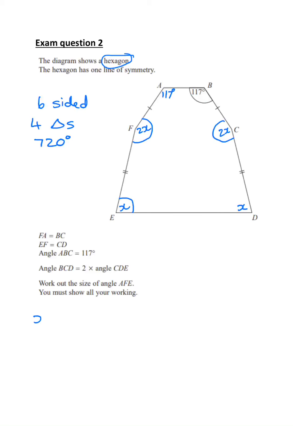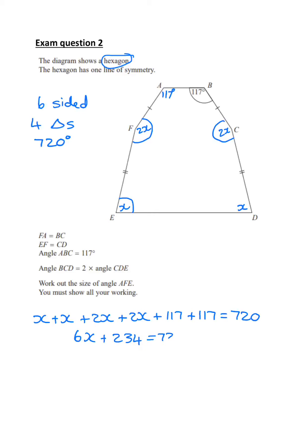I've got x plus 2x plus 2x plus 117 plus 117, and that should equal 720. So I can simplify this. 2x plus 2x is 4x, 5x, 6x. So 6x plus 234 equals 720.